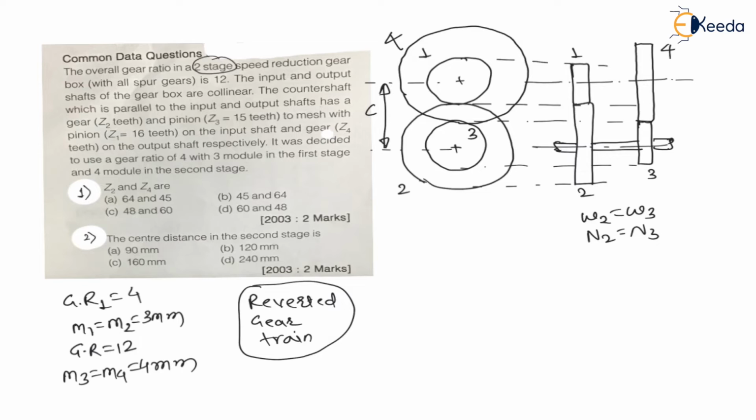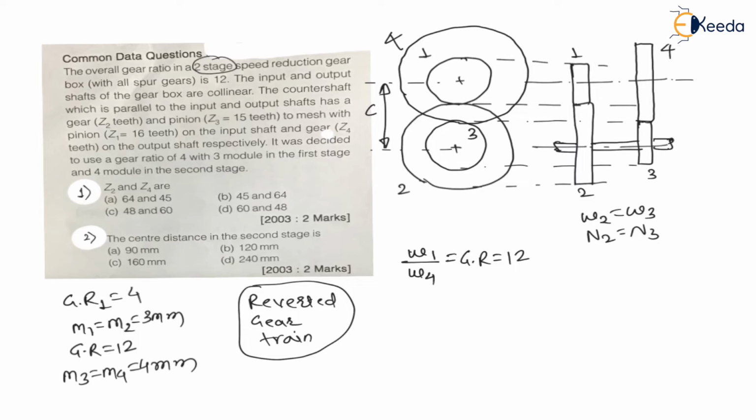Now overall gear ratio is given. Overall gear ratio means the speed of first divided by speed of last. Omega 1 divided by omega 4 is called overall gear ratio, which is given as 12, right?